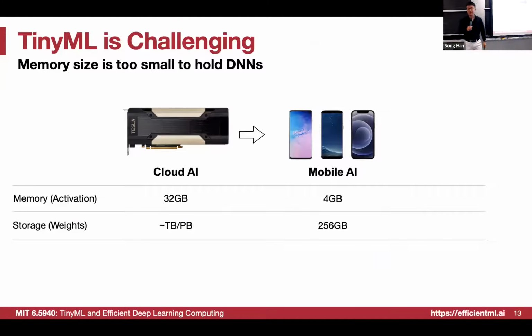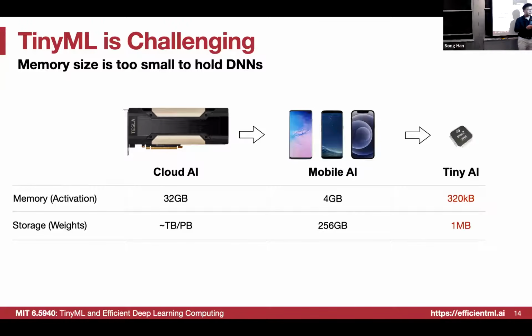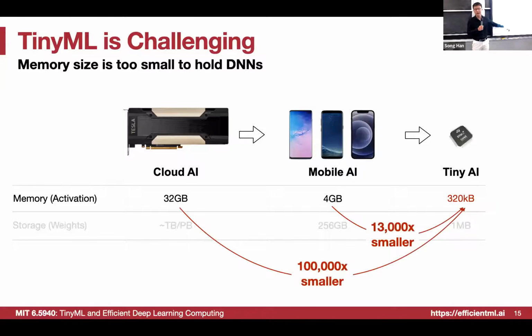But it's not easy. If we compare compute resource, the memory, the storage, it's tens of gigabytes, a couple of gigabytes. But now, when we are going to IoT devices, there's a few hundred kilobytes of SRAM and 1 megabyte of Flash, which is a couple of orders of magnitude smaller compared with cloud AI and mobile AI.